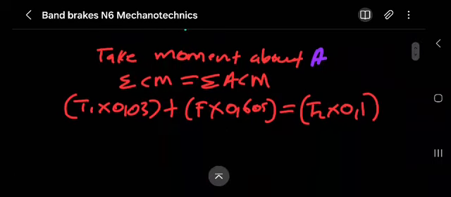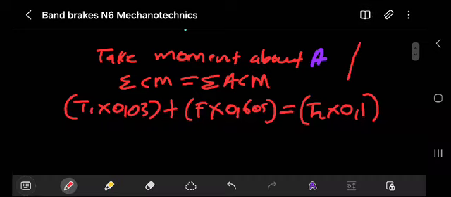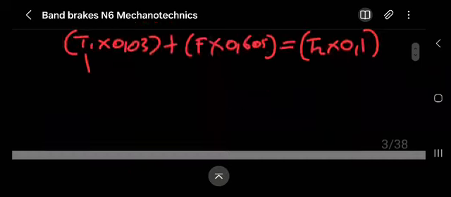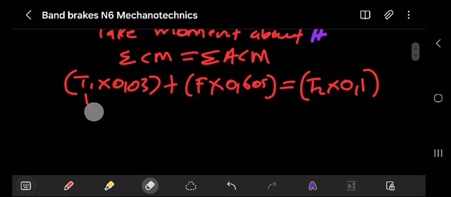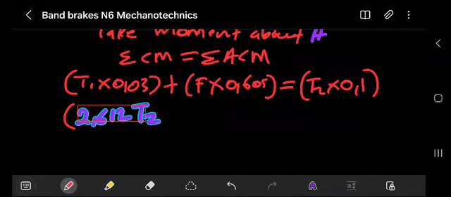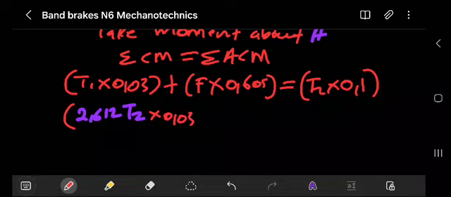We'll substitute that here, multiplied by 0.03, plus 0.605 F is equal to 0.1 T2.